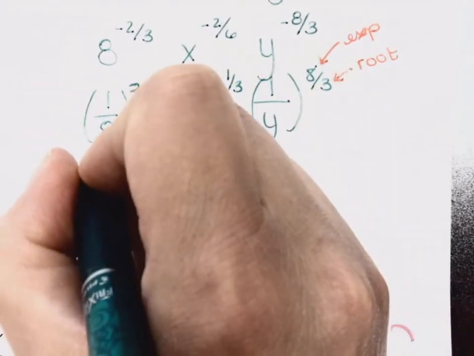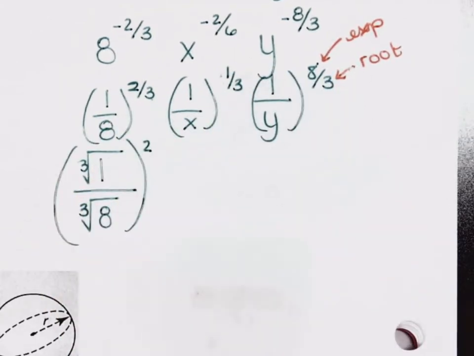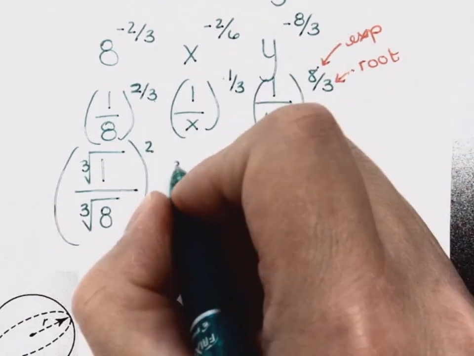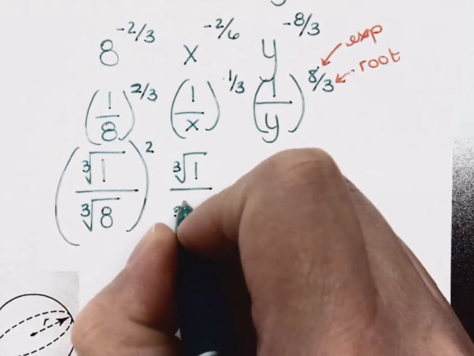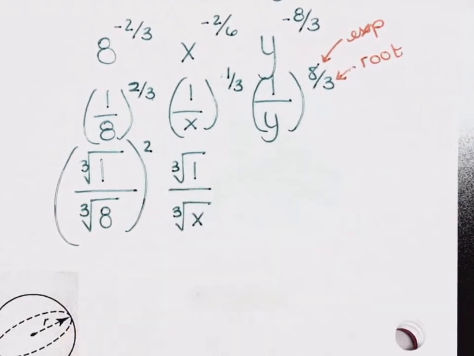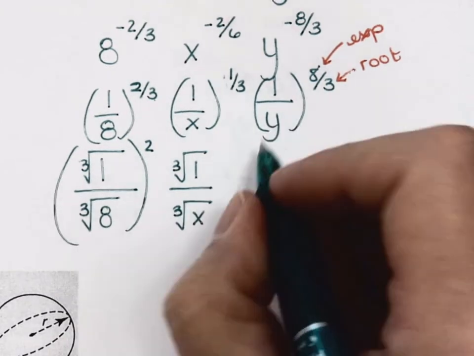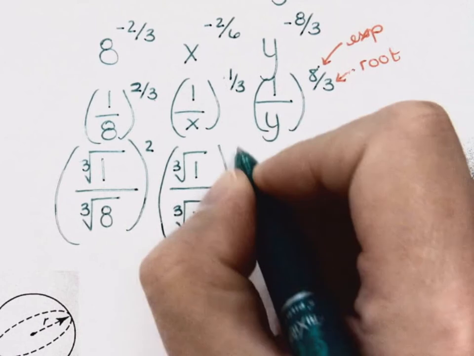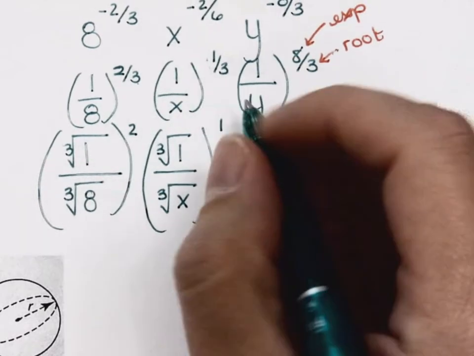I'm going to take the cube root of 1, and then I'm going to square it. This one is going to be the cube root of 1 and the cube root of x, and that's all to the exponent 1. Did I have to write the exponent 1? No, anything to the exponent 1 is itself.